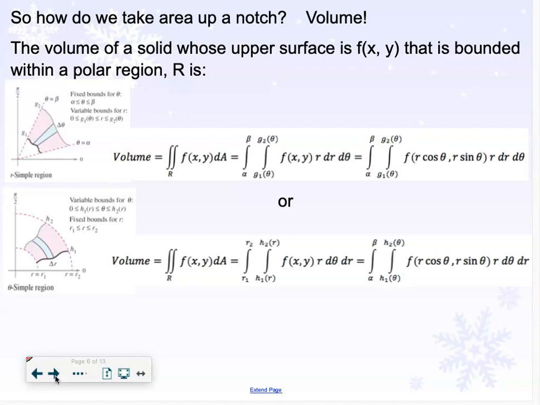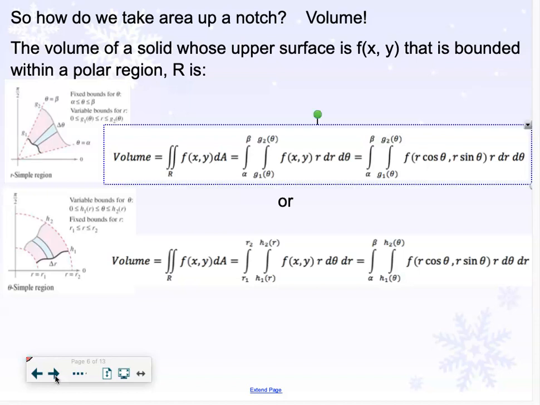You'd have theta equals a, theta equals b, and your r's would be your functions. So you would have theta going from a to b. This is how I wrote it: some function in terms of theta, an inner boundary, and some function in terms of theta, an outer boundary, times your function, r dr d theta, which of course you would have to convert.